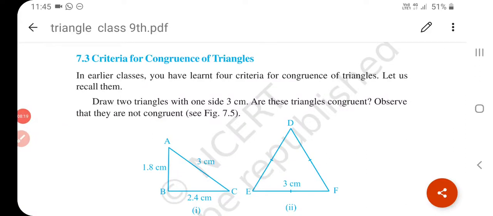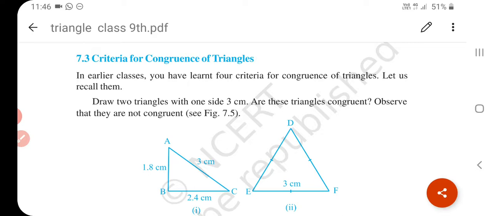Now, criteria for congruence of a triangle. For any two triangles to be congruent, all six elements of one triangle need not be proved equal to the corresponding six elements of the other triangle. आपको पूरे के पूरे सिक्स बताना जरूरी नहीं है. आपने in your 7th standard learned SAS congruency rule, SSS congruency rule, that means side, angle side angle and RHS.